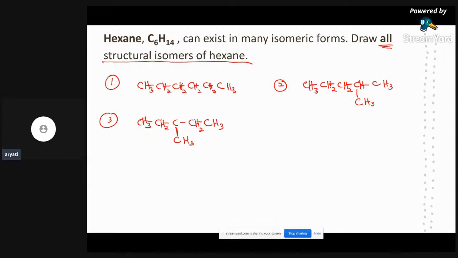Okay. 1, 2, 3, 4, 5, 6, 7, 8, 9, 10, 11, 12, 13. Okay, 1H, 14. Okay, structure number 4.